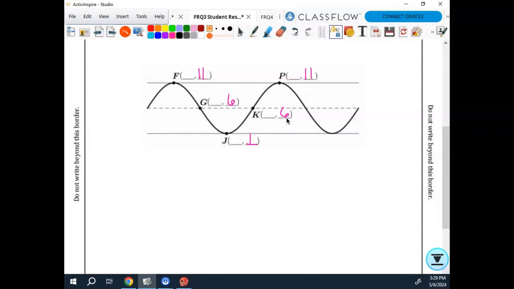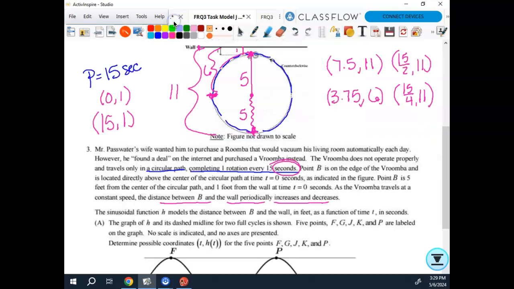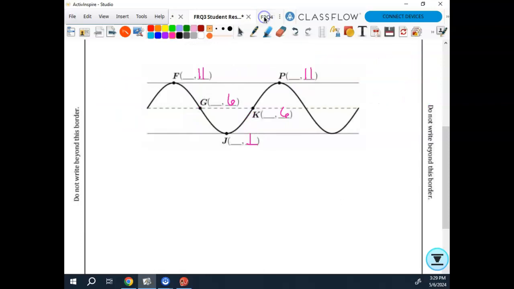Now, I know from what I wrote over here that at 0, I'm 1 foot away. Okay, so 0, 1 is an ordered pair. So when I go back over here, I can't put a 0 here because then I would have negative time. So I'm going to continue my graph like this. This is still 1. This would also be 6.